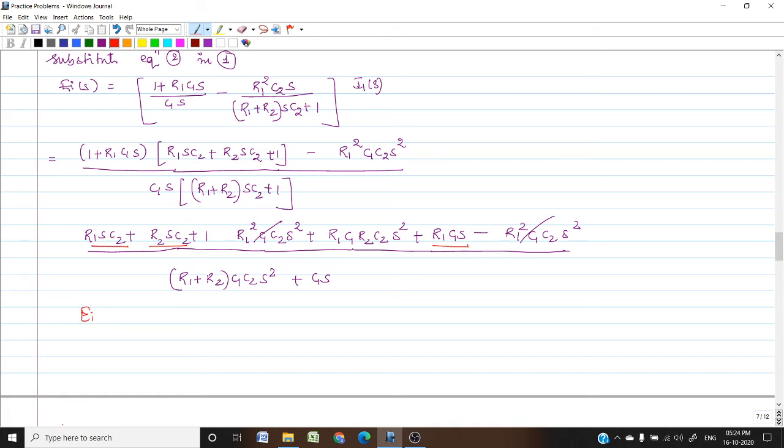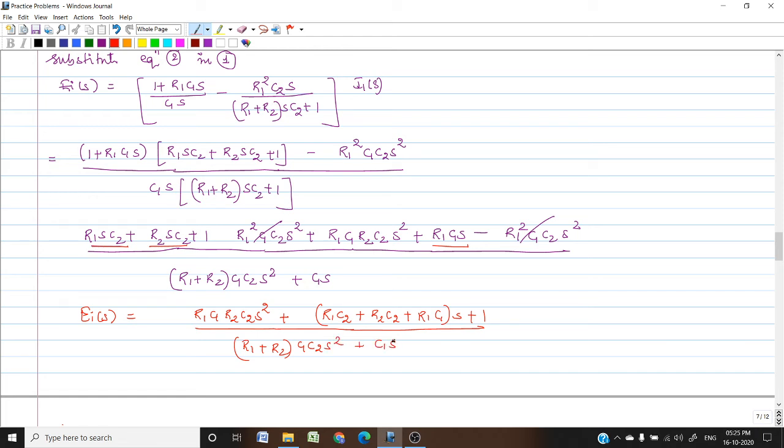So my Ei of S becomes (R1 C1 R2 C2 S square plus (R1 C2 plus R2 C2 plus R1 C1) into S plus 1) whole divided by ((R1 plus R2) C1 C2 S square plus C1 S).